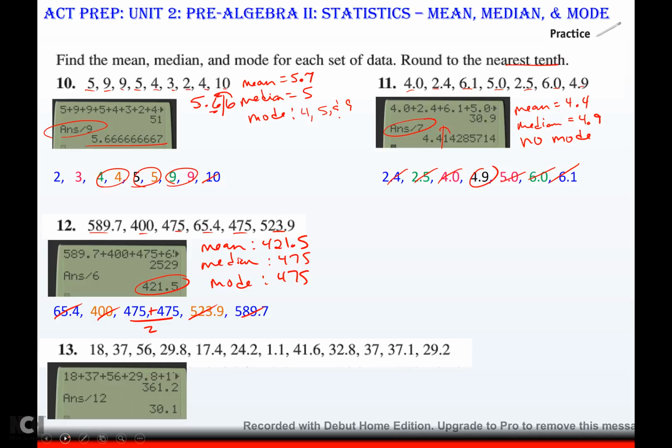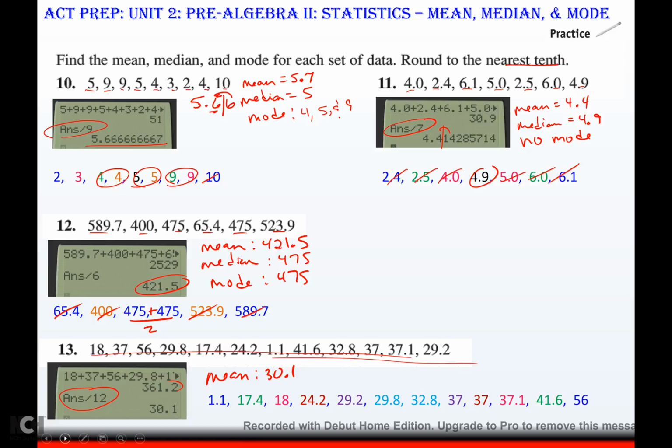13 is a long one, so I added all those up very carefully, got 361.2. There's 12 numbers there, so divide by 12. My mean is 30.1. My median, line them up, bloop, bloop, bloop.